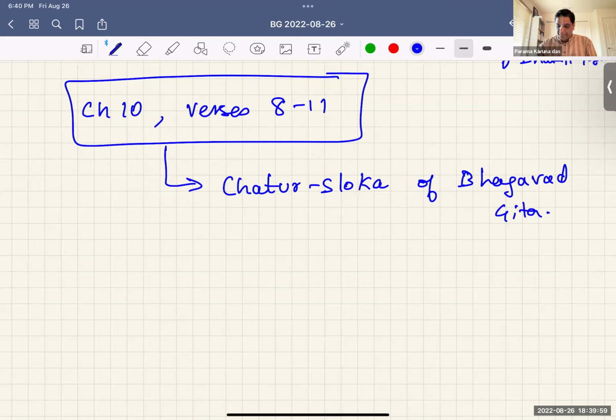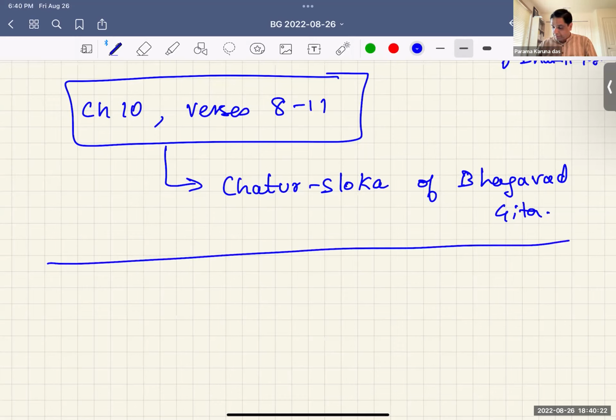So in other words, like at the end of a book or a technical paper, there is a conclusion paragraph, which concludes all the key findings, the essence of the whole paper. Similarly, the chaturshloka does for the Bhakti Yoga section of Bhagavad Gita.